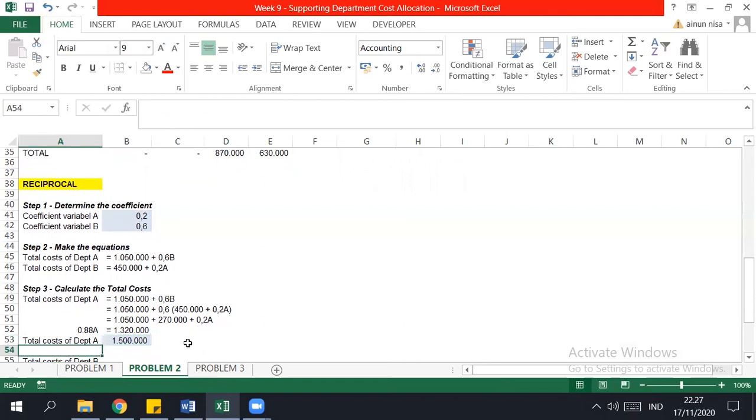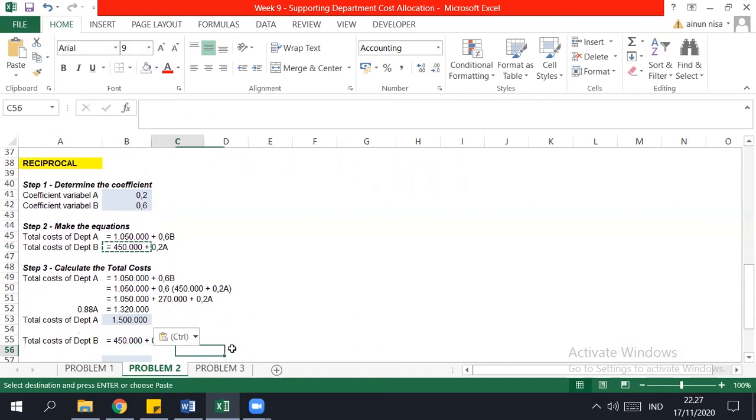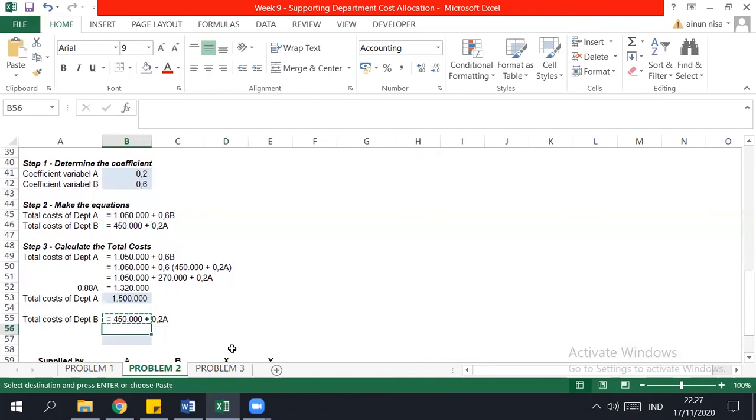And after that, for the total cost of department B, the equation is 450,000 plus 0.2a, and we can change the a with 1,500,000.